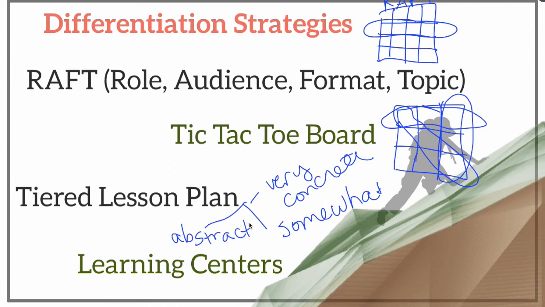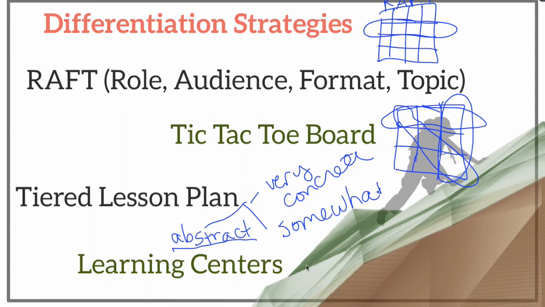But let's say a student is at the level where they still need to be concrete, or maybe they're at the level where they understand it a little more and they can expand a little bit. Or let's say that they've known this subject for a while, and they think outside the box and want to do something abstract. So in your tiered lesson, you still have the same background information that the kids get, and then once they get to their processing and product, they have 3 different branches they can take.